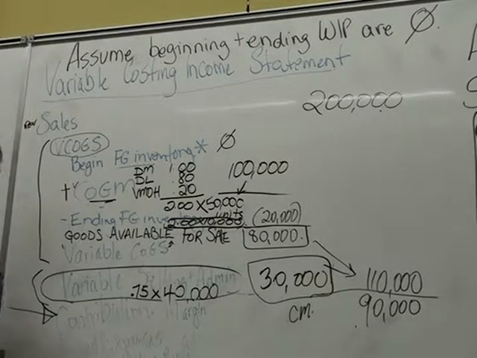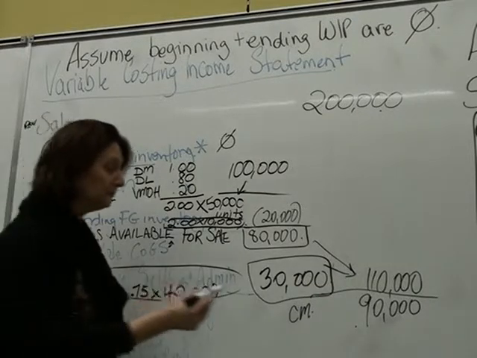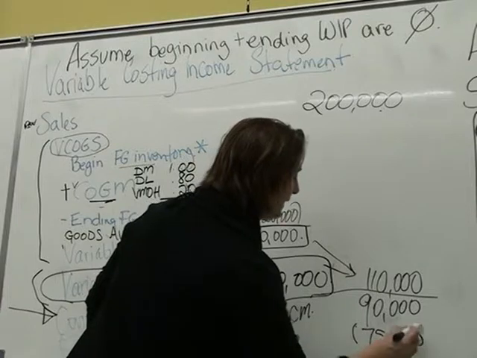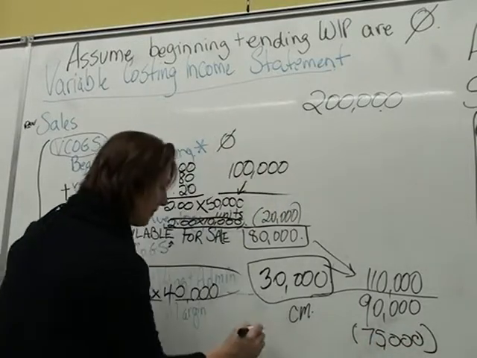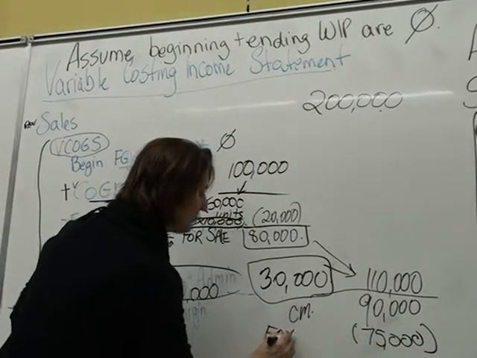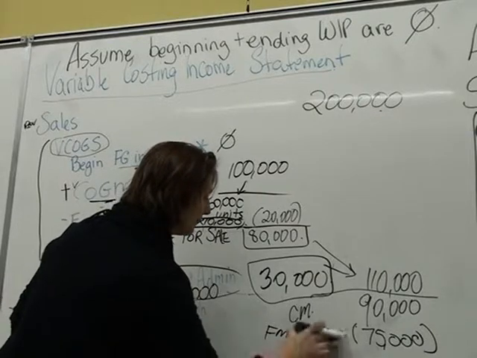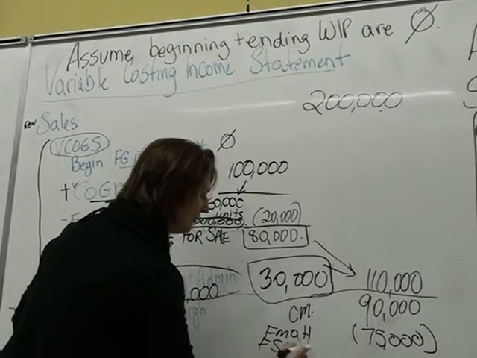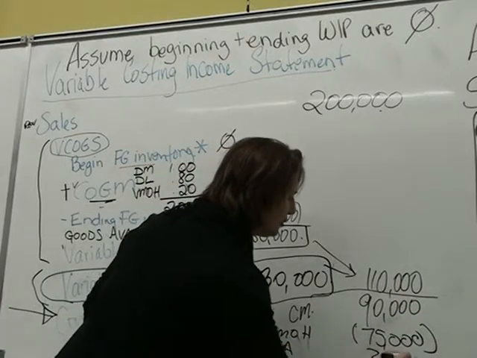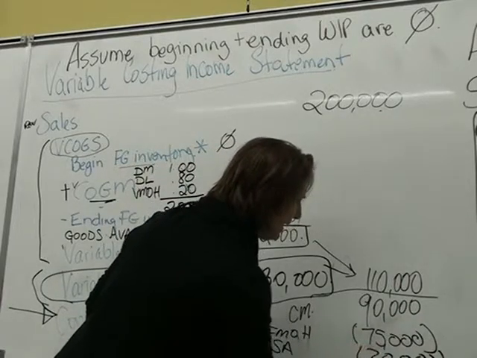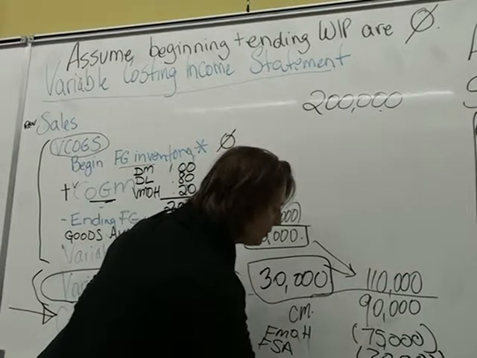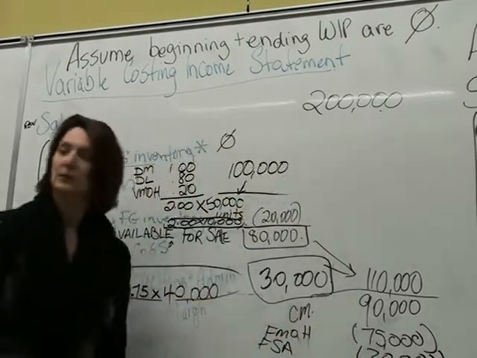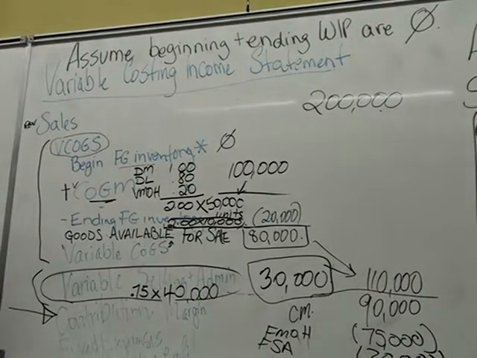So what are our fixed expenses here? 75,000 fixed overhead, and 20,000 fixed selling and admin. So that adds up to 95, you should have come to an operating loss of $5,000.